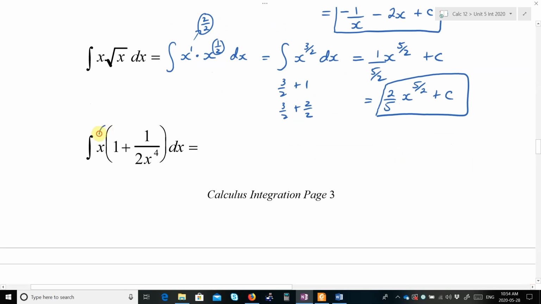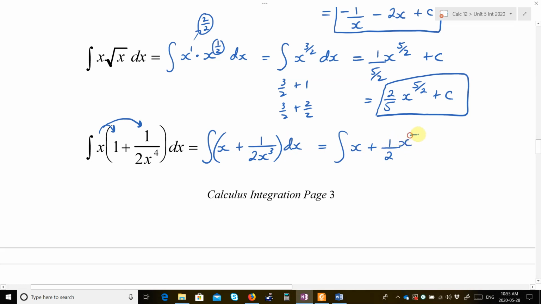And finally, the last one, let's multiply this through, and we would get the integral of x plus 1 over 2x cubed, and flip that exponent up.